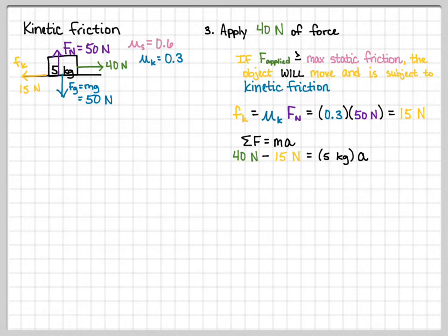I will solve for a. 25 newtons divided by 5 kilograms is equal to 5 meters per second squared. So the block accelerates 5 meters per second squared to the right. And that is how you solve a Newton's second law problem with friction.